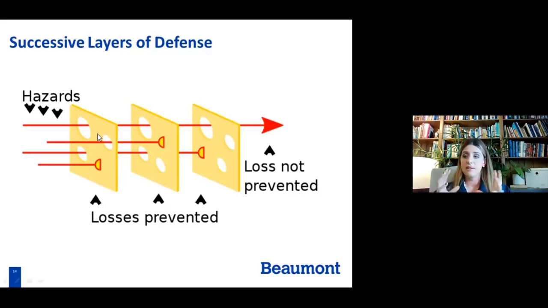The metaphor is very simplified to explain the Swiss cheese model. There is no slice that's perfect. Every slice has holes in it, and the holes don't tend to line up if you follow the right path, but in some cases where the holes line up, you can easily end up with an error.